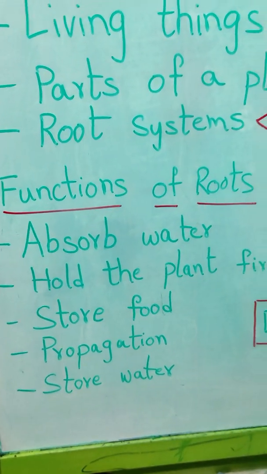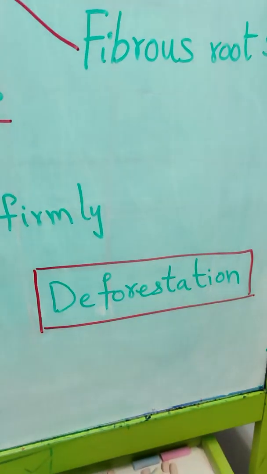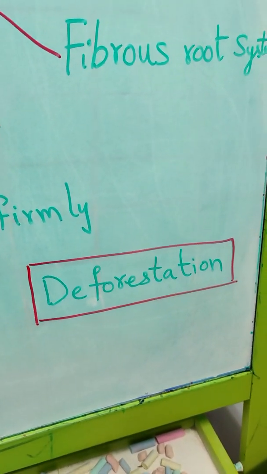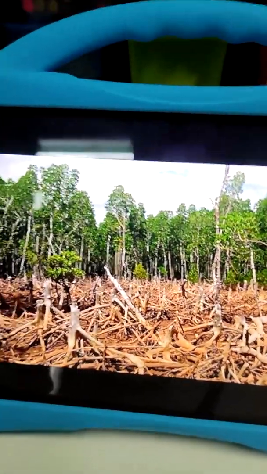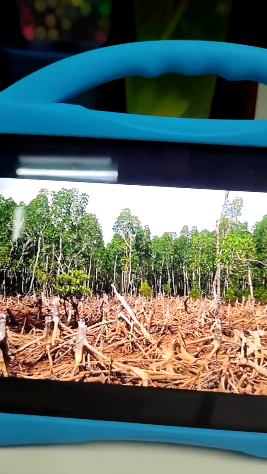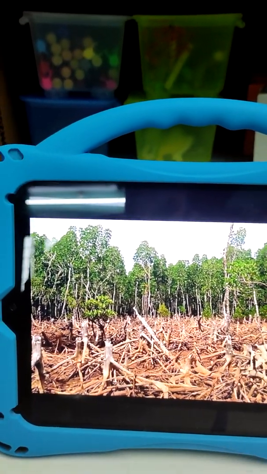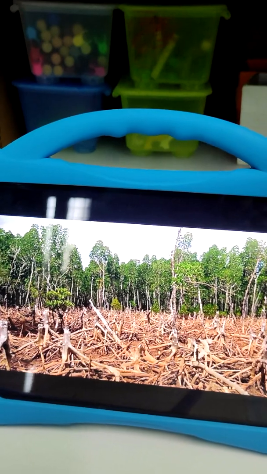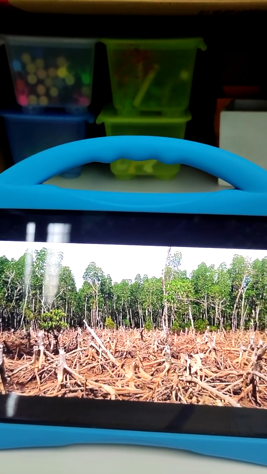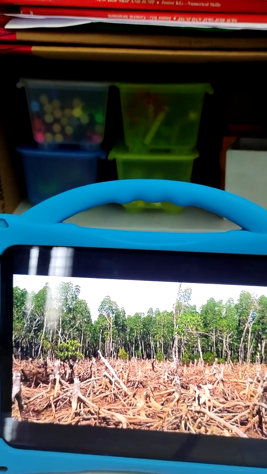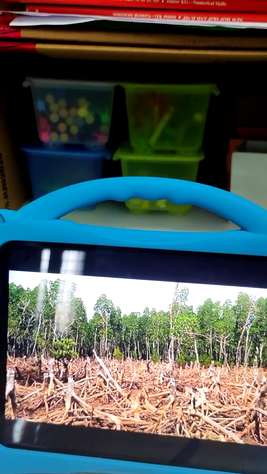And the last topic in this class is deforestation. What is deforestation? Deforestation is nothing but large scale cutting down of trees. When trees are cut down in this scale, what will happen to the climate? What is its effect on the climate? We all know that the trees produce oxygen, isn't it?